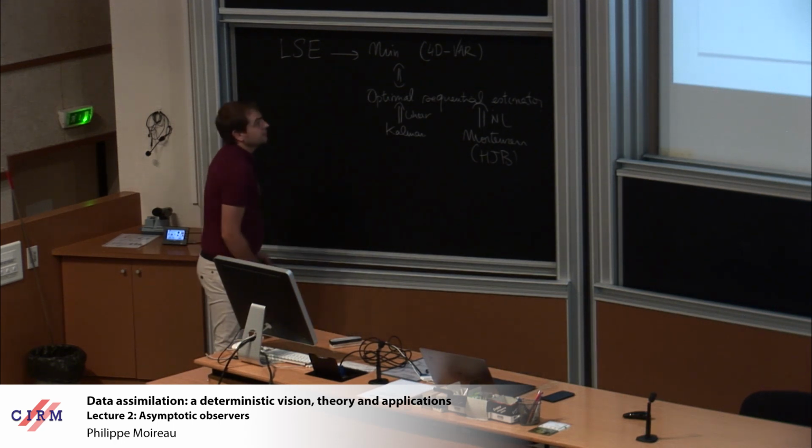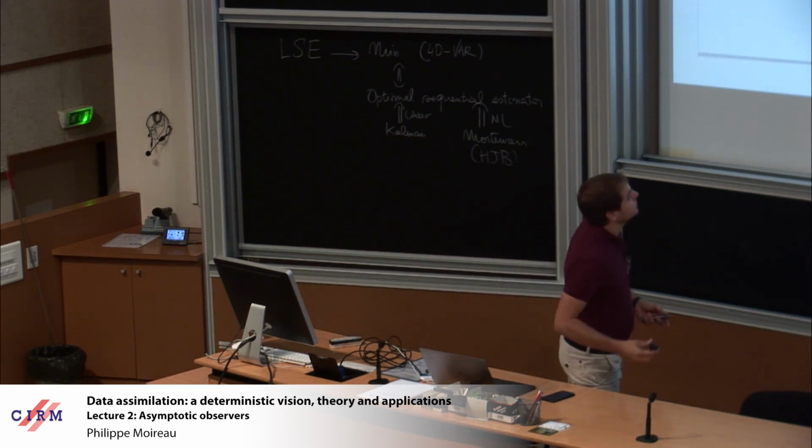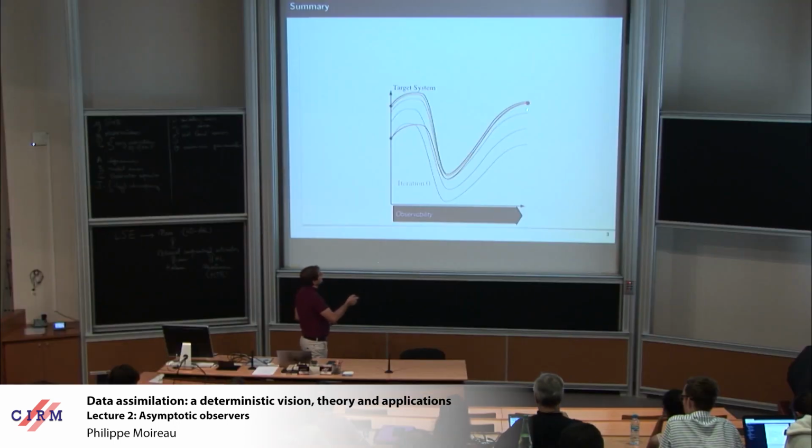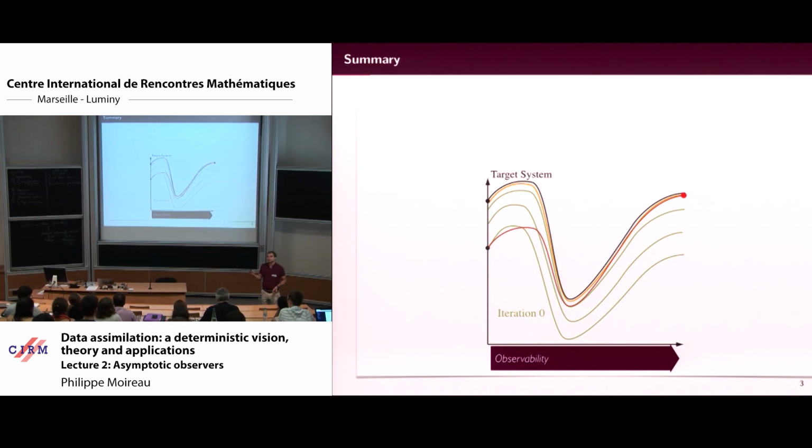The important aspect of what I told you yesterday was the fact that in one direct simulation, you get the exact estimate that you should have computed with the 4D-VAR. So you don't have to iterate anymore.